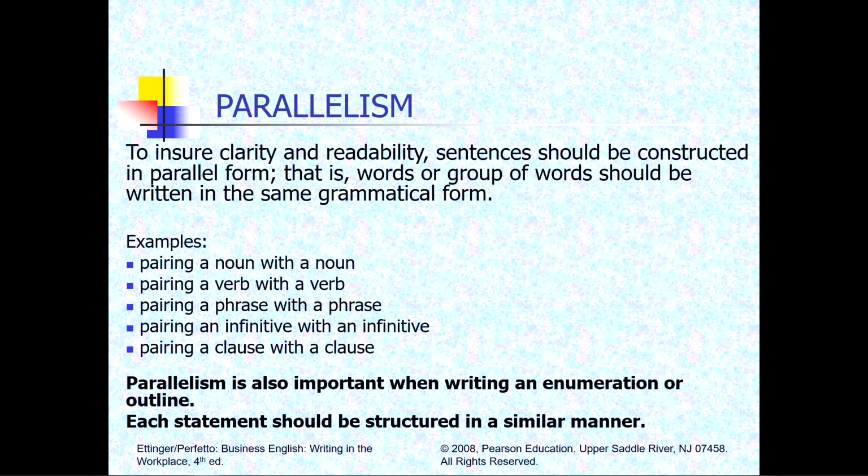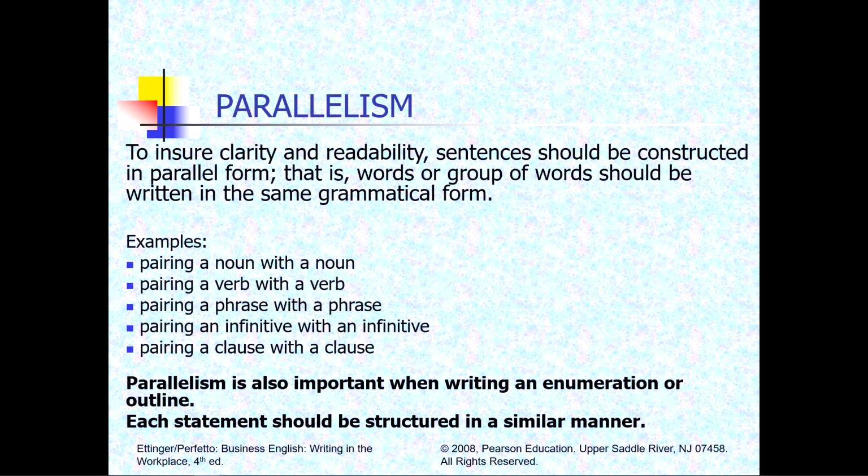That is, words or, more likely, groups of words should be written in the same grammatical form, right? Examples: pairing a noun with a noun, a verb with a verb, a phrase with a phrase, an infinitive with an infinitive, or a clause with a clause. So we're going to look at this in this class for sure. There are not enough examples here, but let's look.